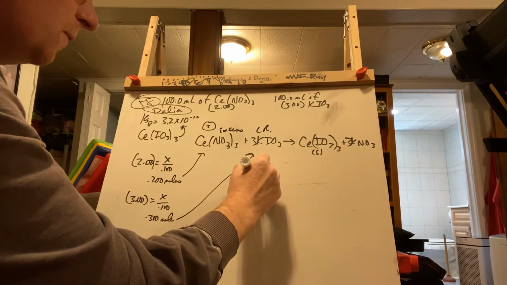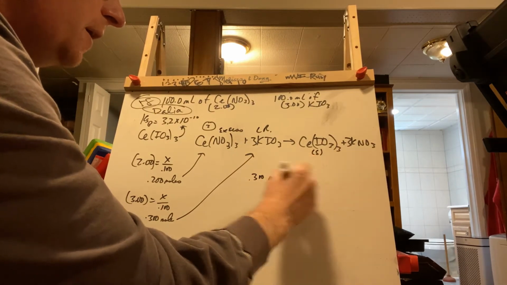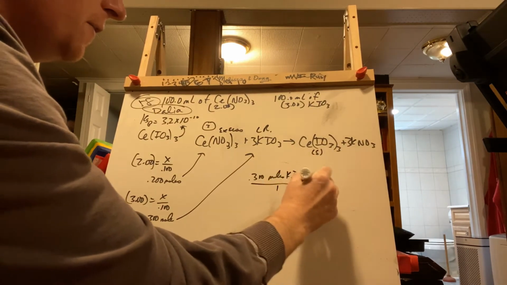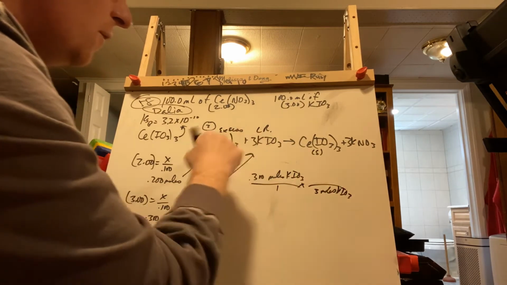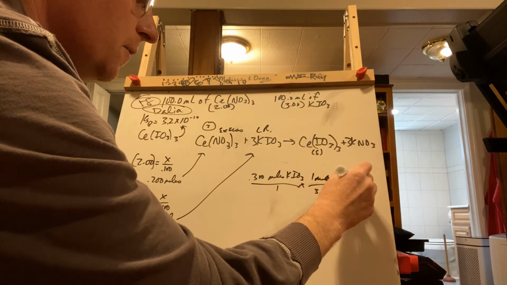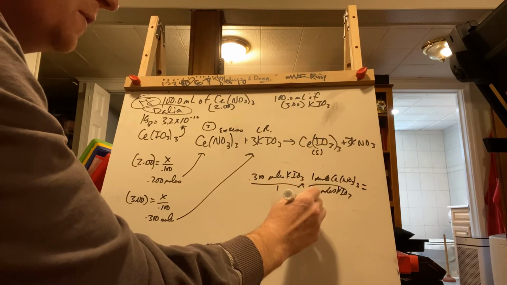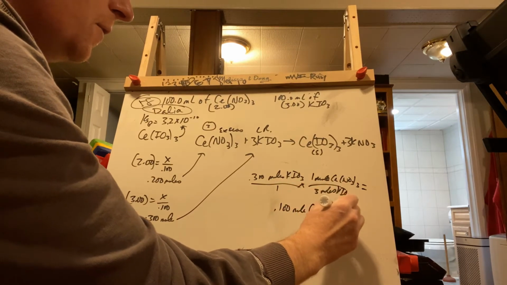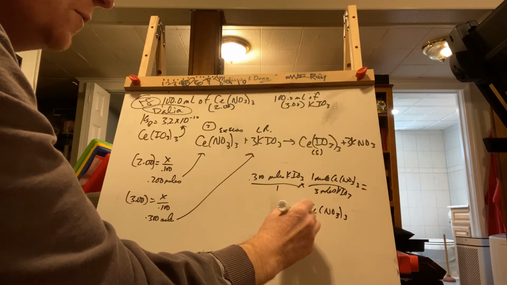So we would go 0.3 moles KIO3 times 1 mole CeNO3 over 3 moles KIO3, and that gets us 0.1 moles of CeNO3 used or reacted.